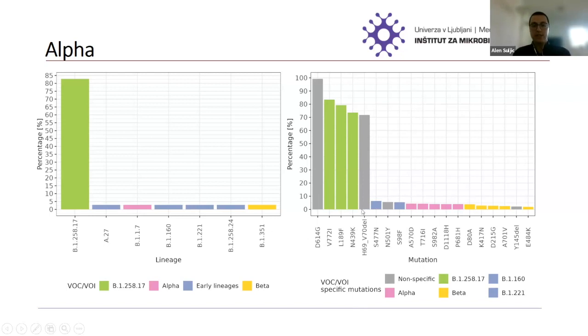The first two tests of SpikeScreen were to detect the emerging threat of alpha. The use of a specific PCR test for the H69/V70 deletion was not quite adequate, since the predominant variant at that time in Slovenia was, as said earlier, B.1.258.17, which already harbored that deletion.